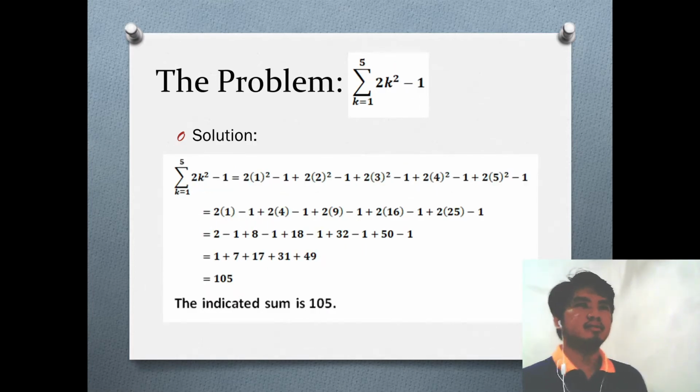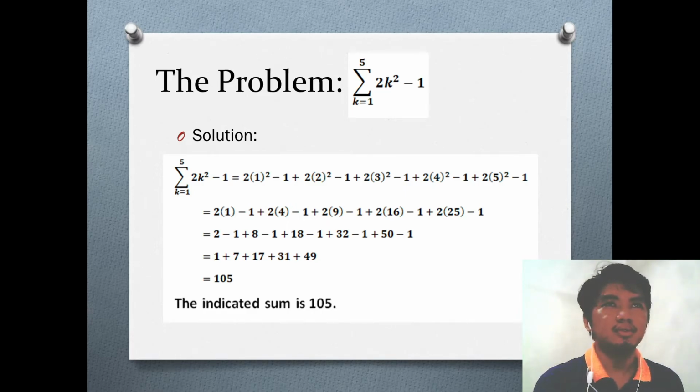So the next problem is the summation of 2k to the power of 2 minus 1, from 1 to 5. So the solution for this problem is you substitute k.